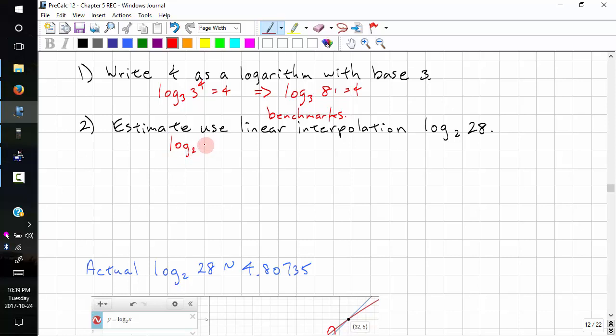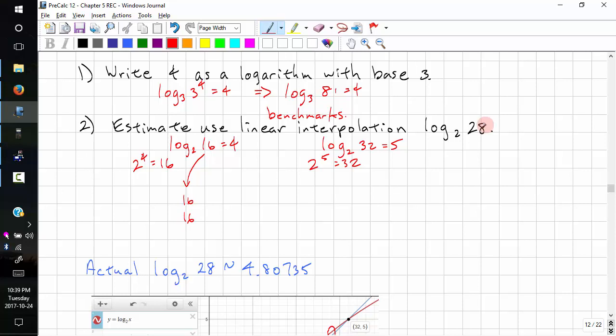So log 2 of 16 equals 4. Log 2 of 32 equals 5. 2 to the 4 equals 16. 2 to the 5 equals 32. Okay, so 16 is our base. We take 16 down here, we take 16 down here.